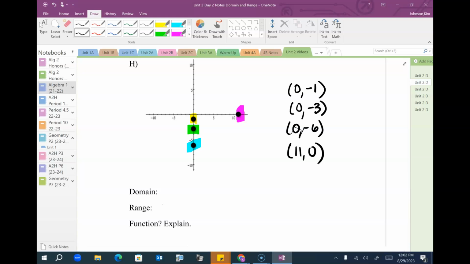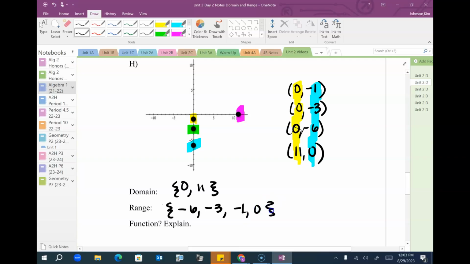I'm going to do the same thing that I did before for listing my domains. So my domain is all of my x values. So for this example, I have x values of 0 and 11. And then the range is going to be all of my y values. And for this example, from least to greatest, it goes -6, -3, -1, and 0.